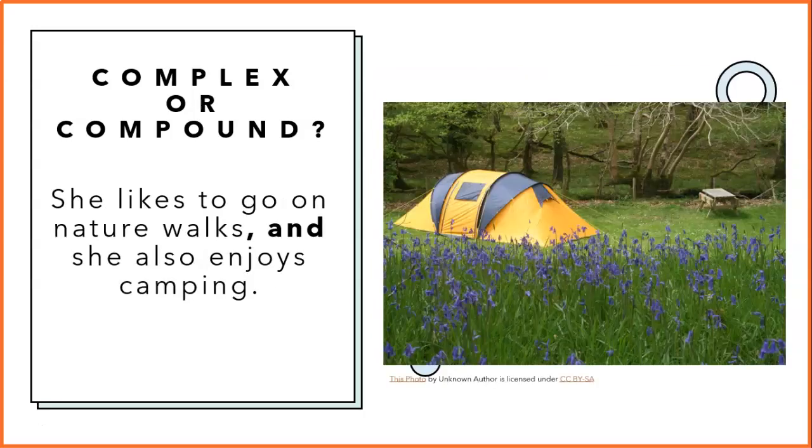Is this compound or complex? She likes to go on nature walks, and she also enjoys camping. Well, I see a FANBOYS, and is a FANBOYS. It's a coordinating conjunction. I've got a comma in the middle, and that's a complete thought on either side. She likes to go on nature walks. She also enjoys camping. That is compound.